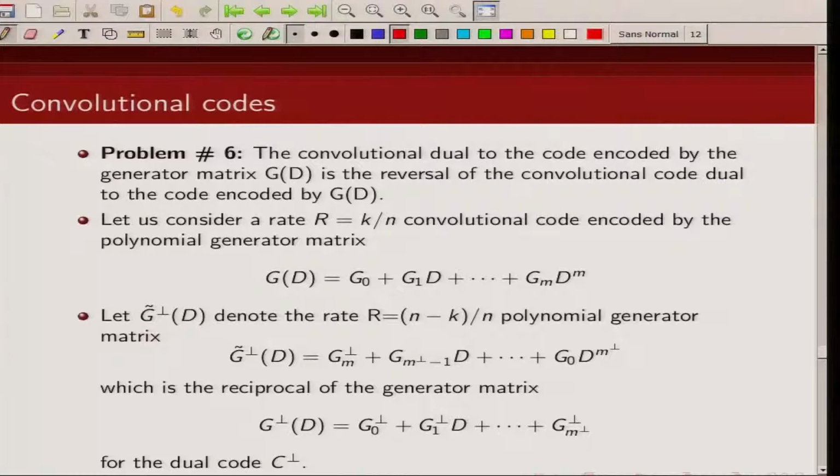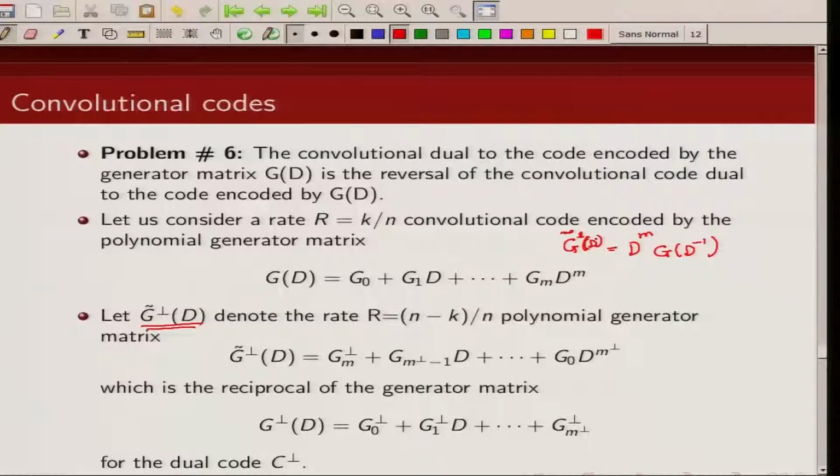Now, we define this as the reciprocal of the generator matrix. Now, how do we come up with a reciprocal? So, we take G(D^-1) and we multiply it by D raised to the maximum degree, which is in this case m. So, this is how we get the reciprocal. Okay.